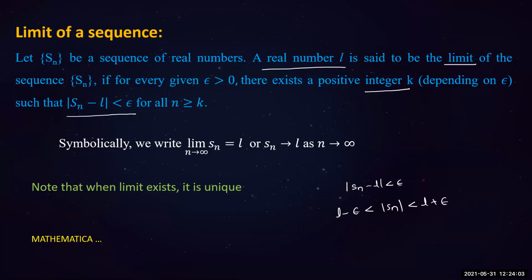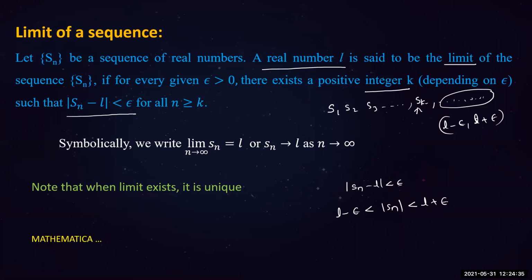What does it mean? You have a sequence of numbers like this, S1, S2, S3. You have so many numbers. When n approaches infinity, somewhere you will get some kth term, let us say some sk. All the numbers you get after this sk, if all these numbers are in this interval, L minus epsilon comma L plus epsilon, right?